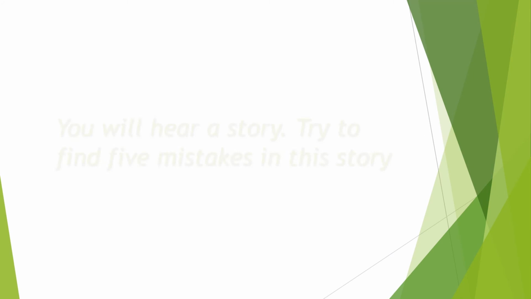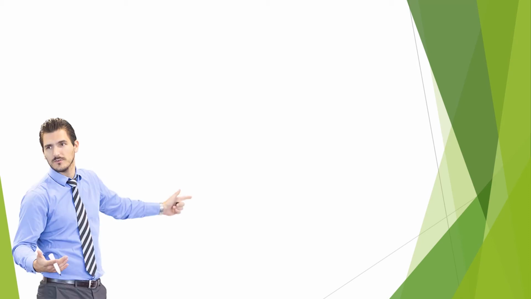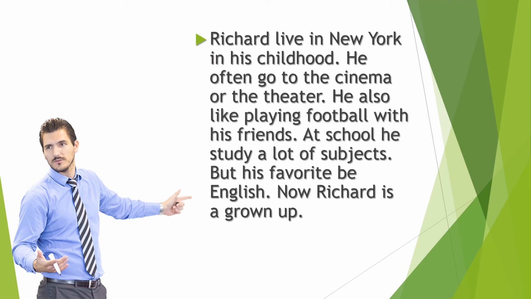Now you read a story, and in this story you will understand how we use past simple. You will hear a story, try to find 5 mistakes in this story. Richard lived in New York in his childhood, and he often go to the cinema or the theater.